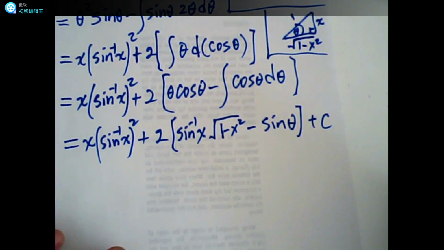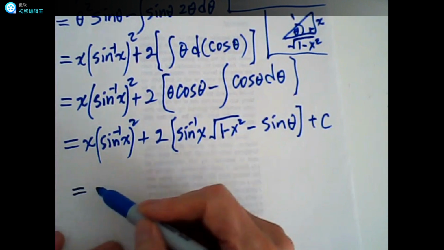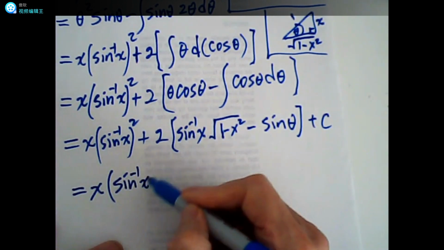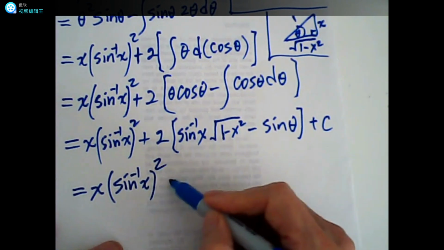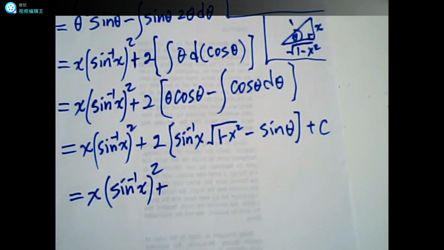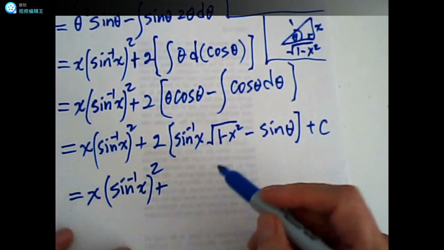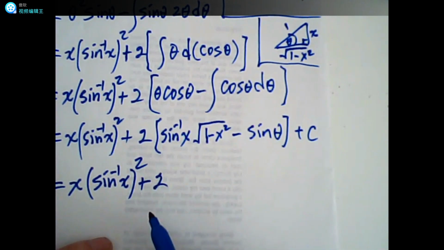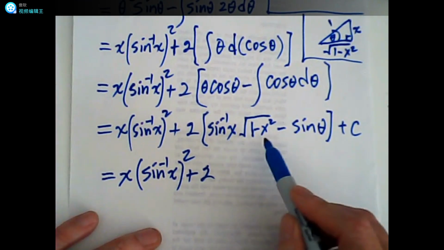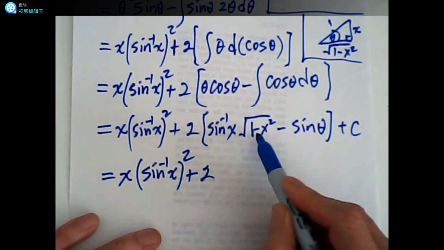Okay. So this one is x arcsine x squared plus twice. I'm writing this one first because it will avoid the ambiguity of x times this one.